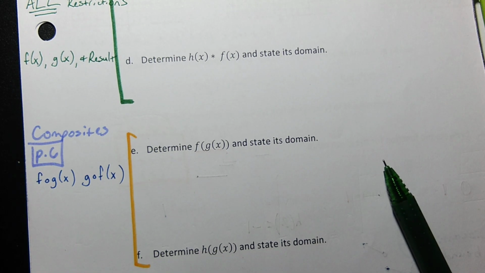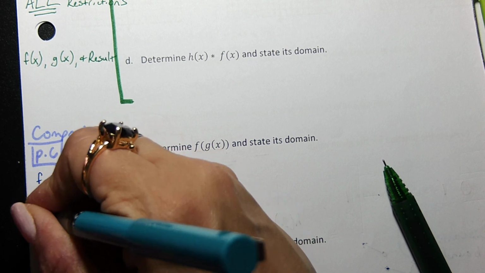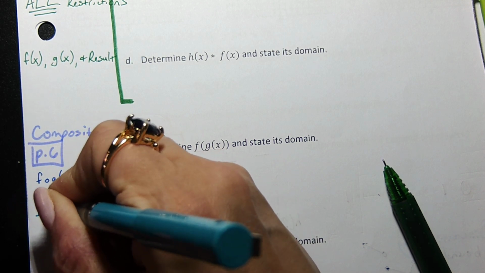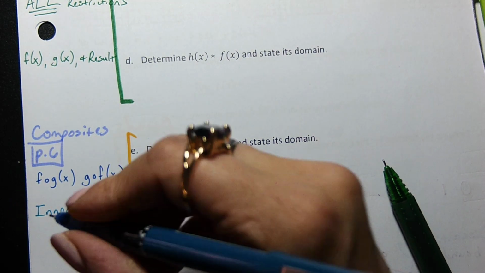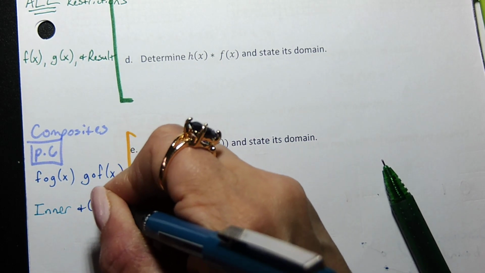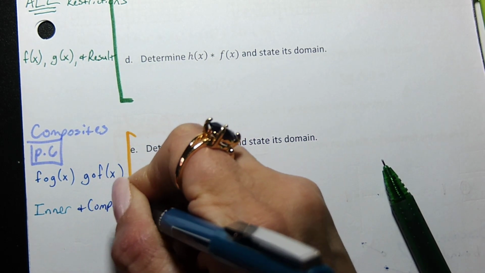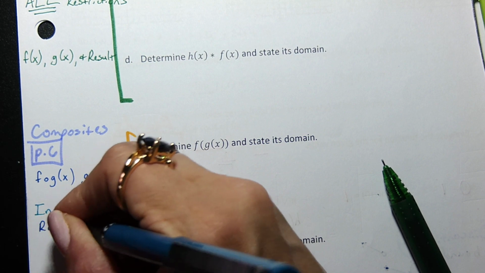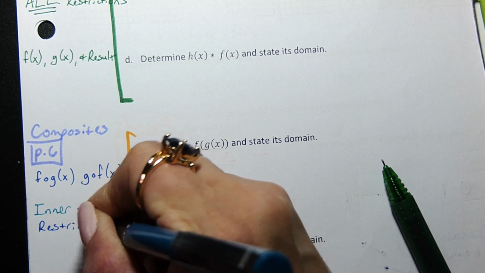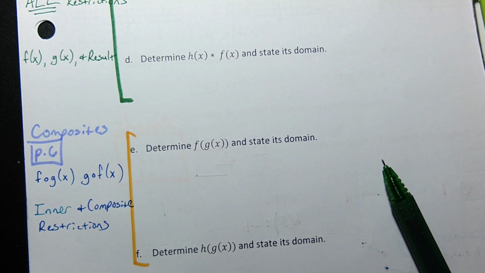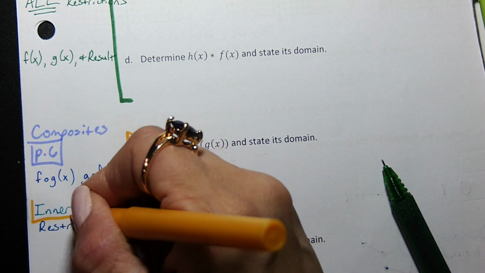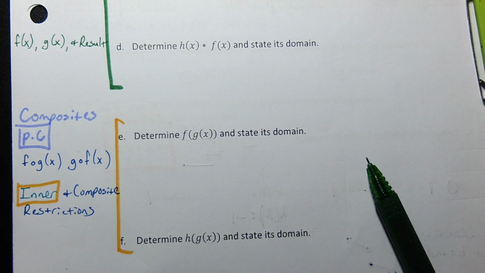Now, when we consider the restrictions for a composite, we have to consider the inner function restrictions and the final composite restrictions. So being able to identify the inner function is important.